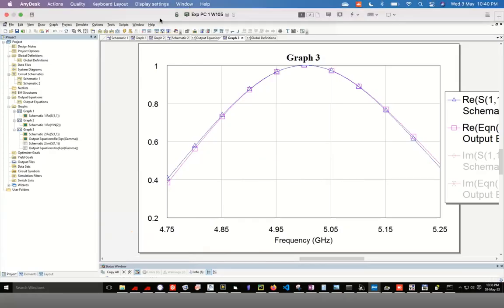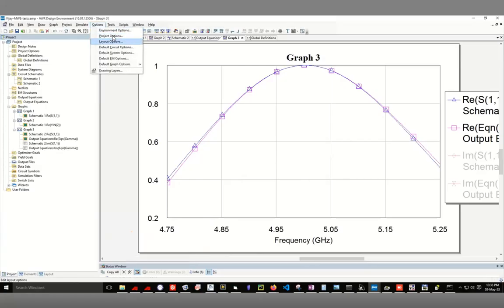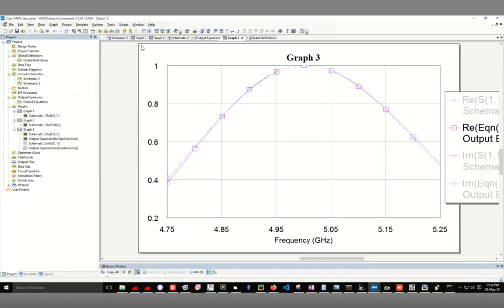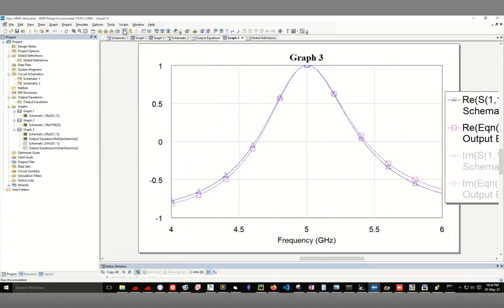In fact, I need to adjust the sweep now over a larger range. So let's go from 4 to 6. Okay. So now you see the same familiar shape.